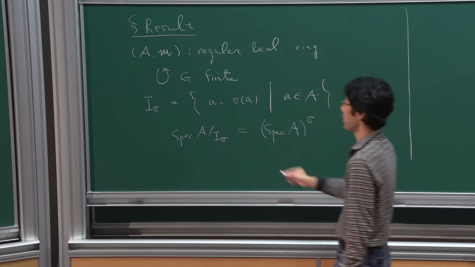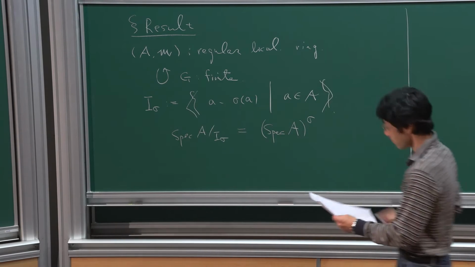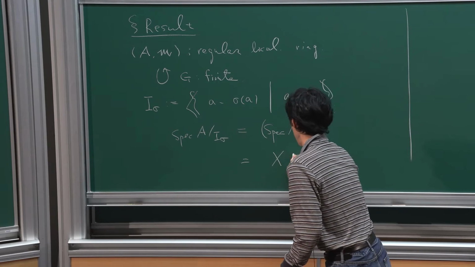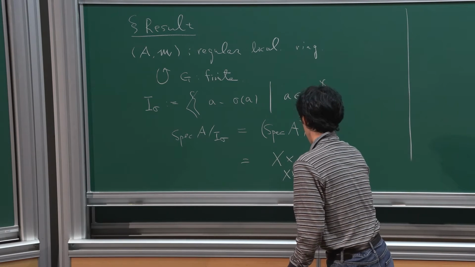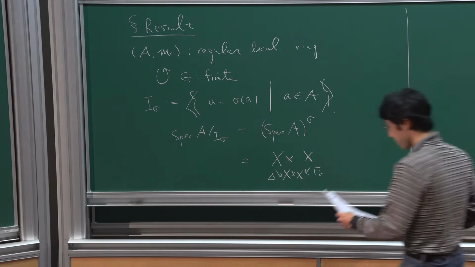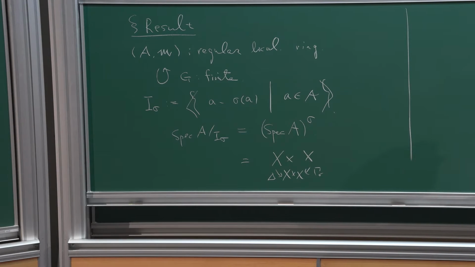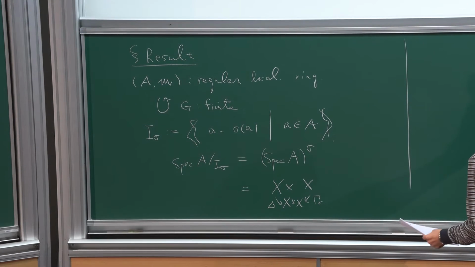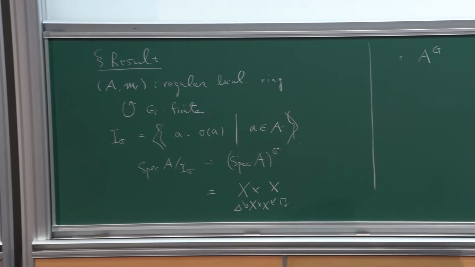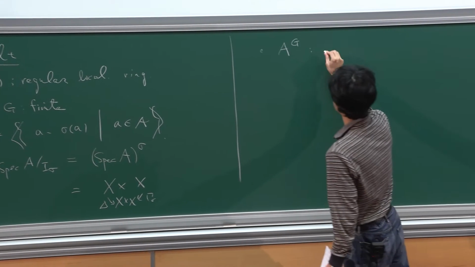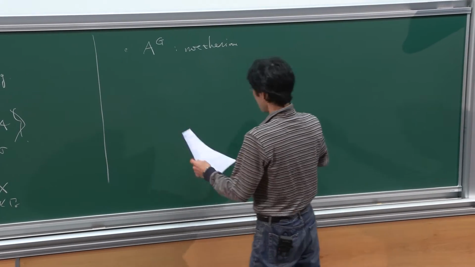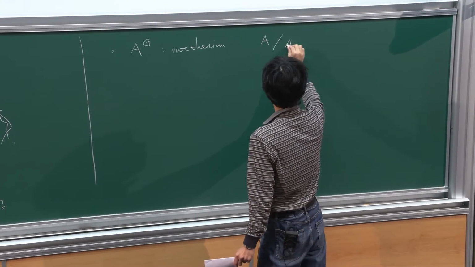Or in other words, if you want, this is X cross X over X, this is Delta, and this is Gamma of sigma. And we assume two conditions. The ring of fixed points A^G is Noetherian, and this A over A^G is finite.